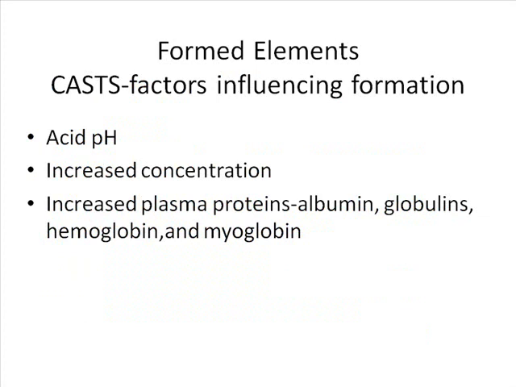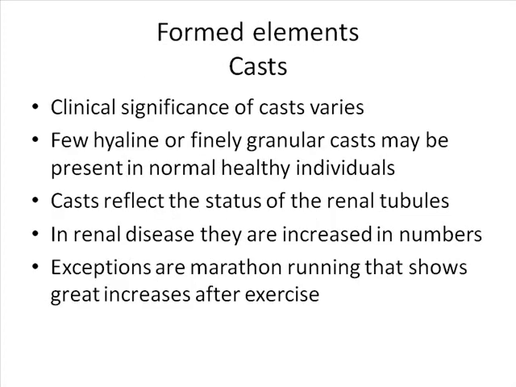So, casts are influenced by an acid pH and an increased concentration. So if your specific gravity is high and you have acidic conditions and you have protein, chances are you're going to see casts, because those are the conditions that you will have more casts forming.